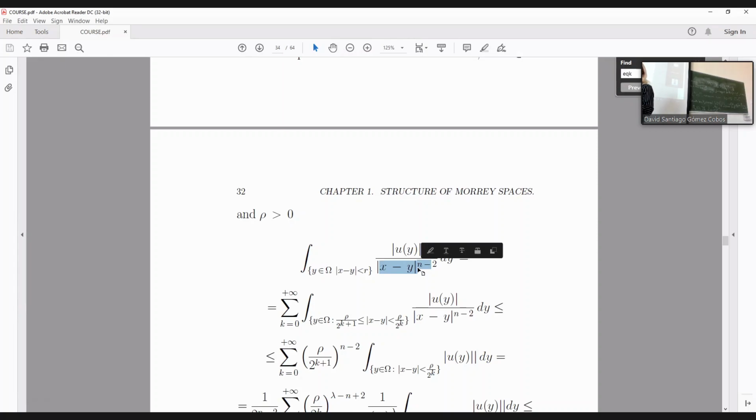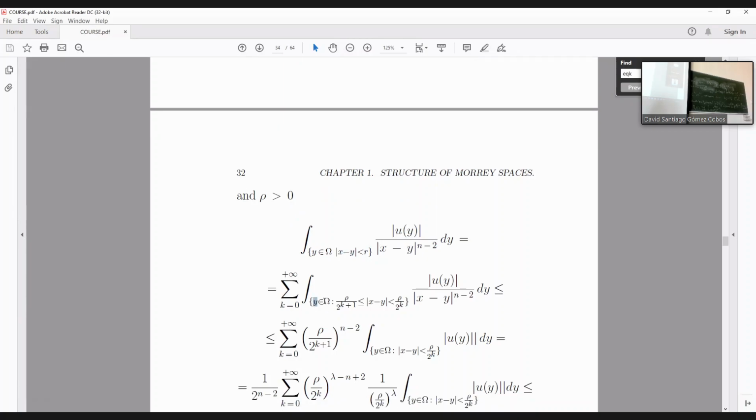So we split into thin slices the set, and the set can be considered as a union of the following ones: y in omega such that |x minus y| is between rho over 2 with exponent k plus 1 and less than rho over 2 with exponent k. These slices, like an onion, give us the possibility to do the following majorization.